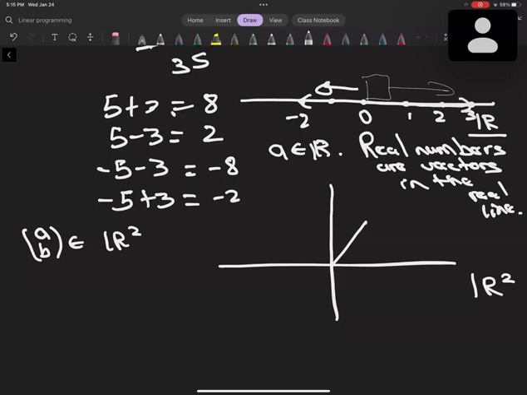Real numbers are really good. So as explained in the slides last time, if you want to graph A and B, this is the x coordinate, y coordinate. So you go 2, 2, 2, 2, 2, and then you say this is my A. You go 2, 2, 2, 2, 2. This is my B, and this is your vector.